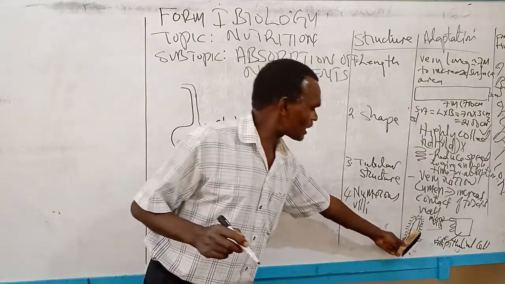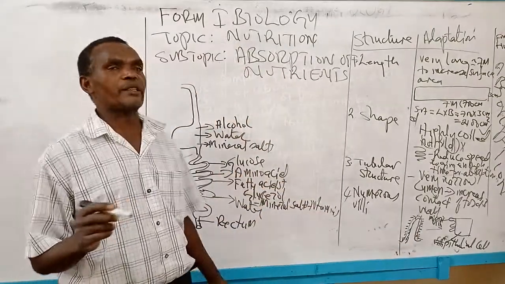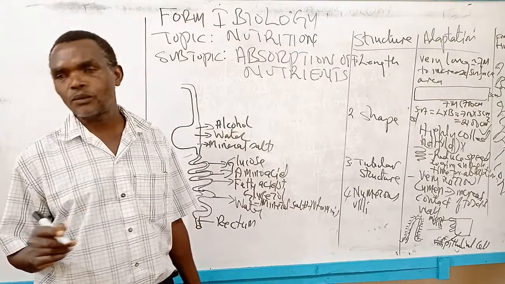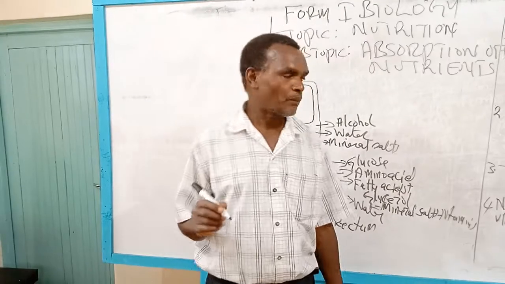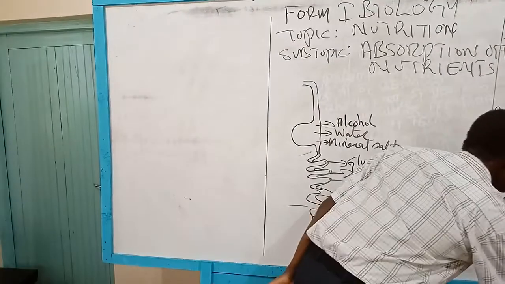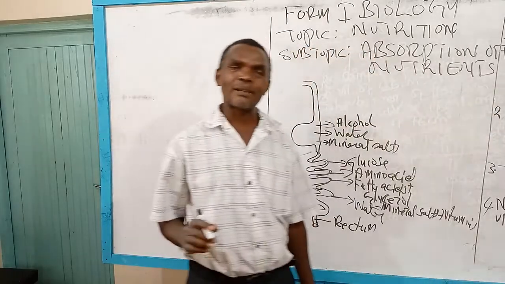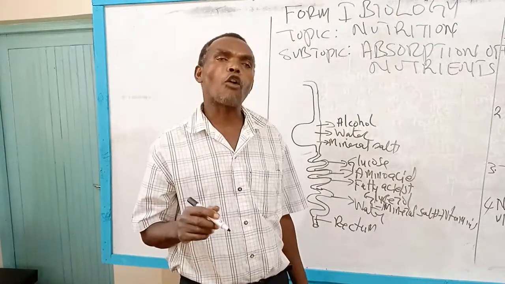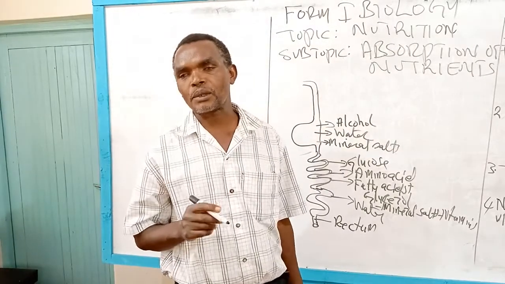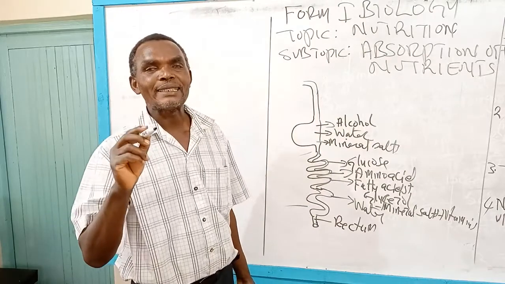The other adaptation that we still have here, and which I have not drawn because of the size of the space there, is a system we call a lymphatic system. Here we have a lacteal which is connected to the lymphatic system. That system is for absorption of fats, which are absorbed as fatty acids and glycerol.